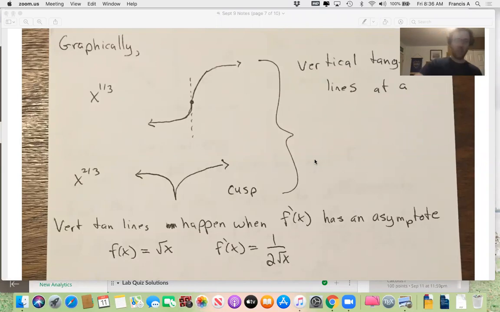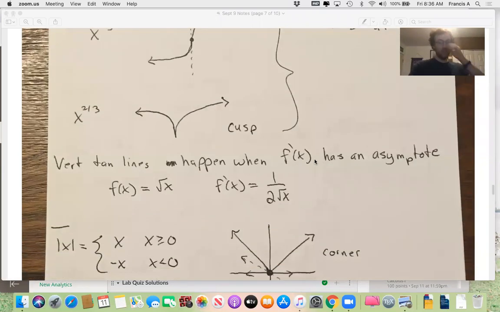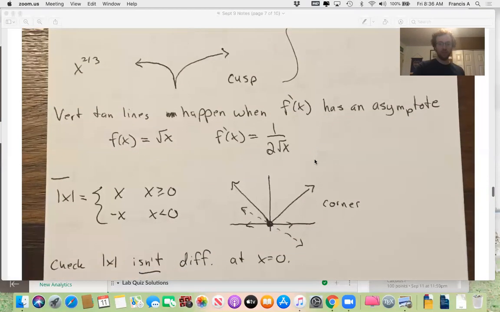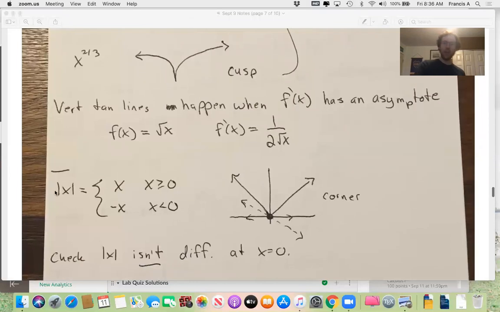So another thing that can happen is, for instance, if we look at this absolute value function. The absolute value is this piecewise function where it's x for things greater than or equal to 0, minus x for things less than 0. We get this nice V shape. Here we're not differentiable because we get what's sometimes called a corner.